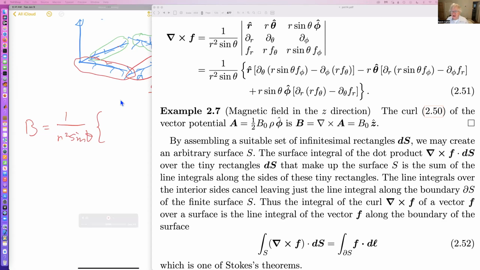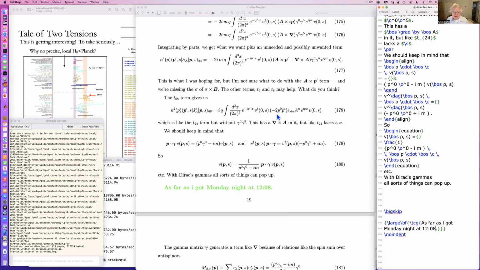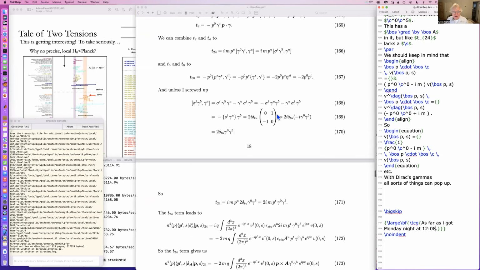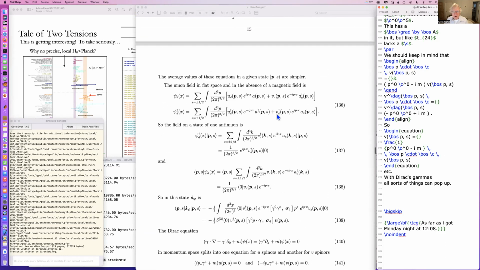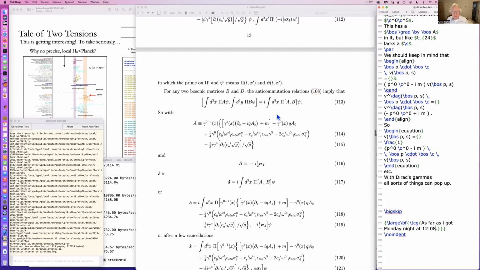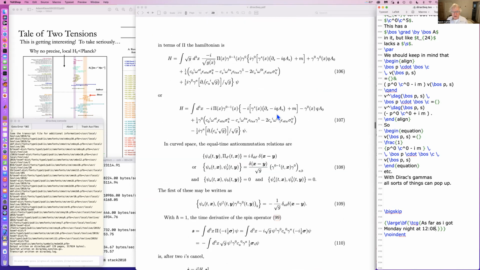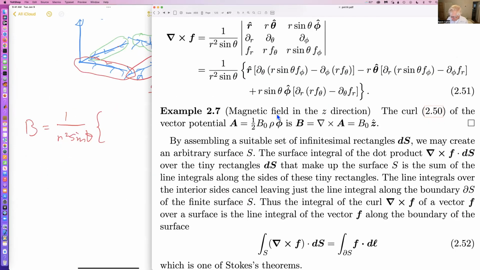Let me actually grab something from something else that I was working on. Oh God, where did I put it? I don't remember where I put it now.